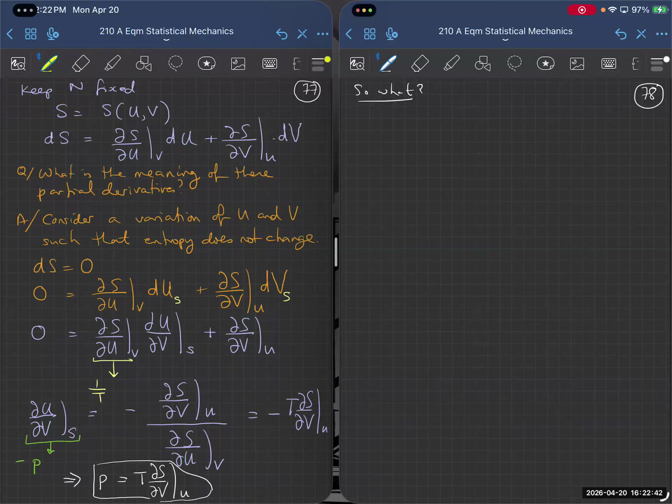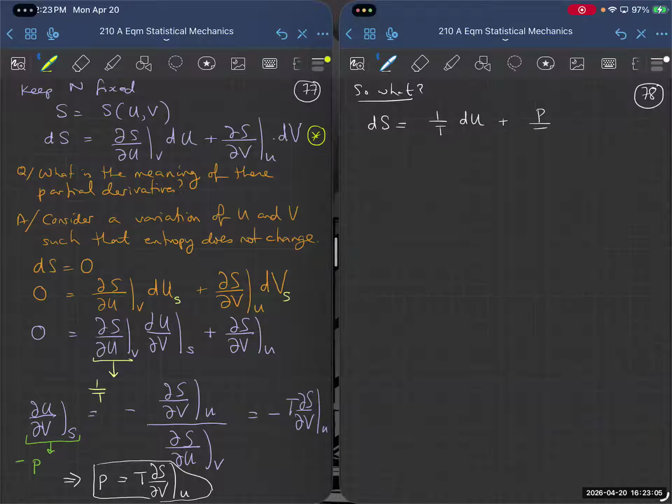So now we go back to our relation up here. Now that I've derived this, I can go back to the equation for ds. And so now ds is 1 over T du plus p over T dv. That is a general relation now.